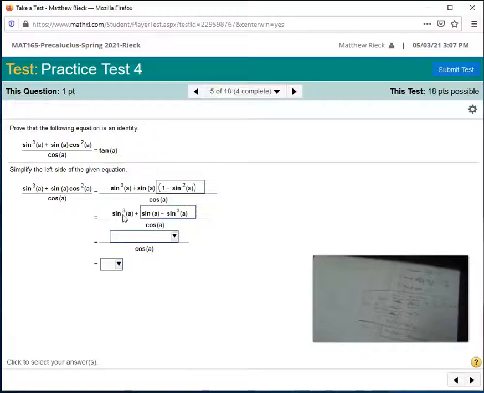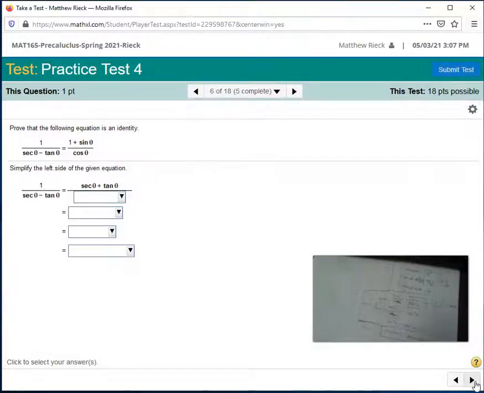Then we have sine to the third minus sine to the third, so that's going to cancel out. We're just going to be left with sine of a over cosine of a, which is equal to the tangent of a, which is what we were trying to prove. So again, just follow along step by step, and hopefully that leads you down the right path there.